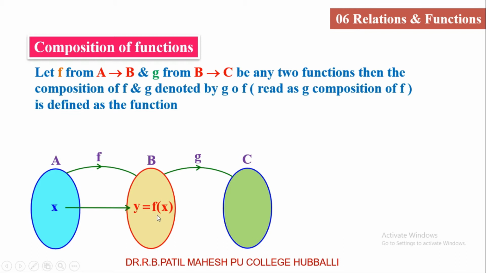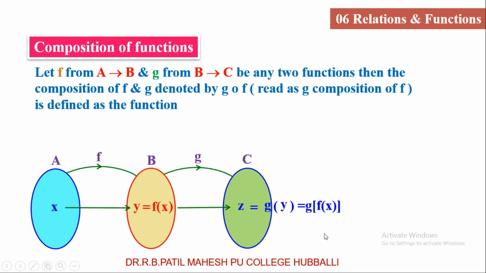Now, g is a function from B to C. f of x is an element in B, or y is an element in B. So under the function g, the image of y will be z and it is equal to g of y, and you can replace y, so g of f of x.